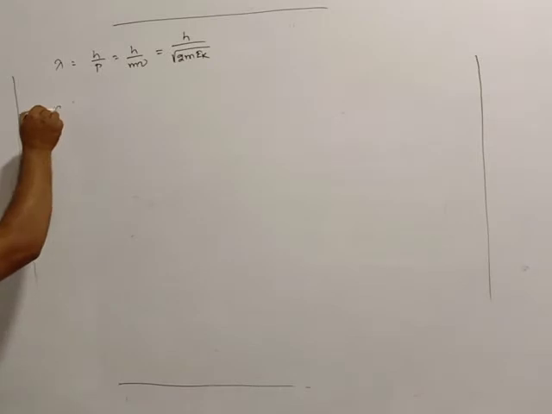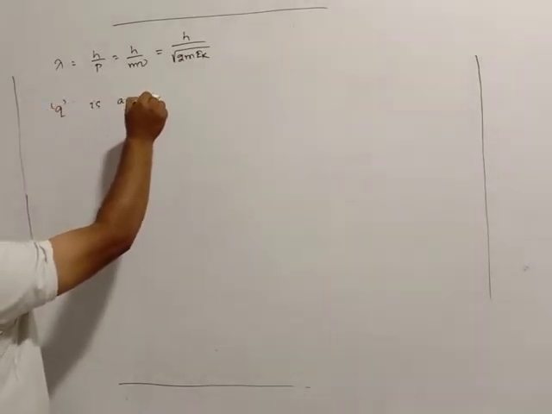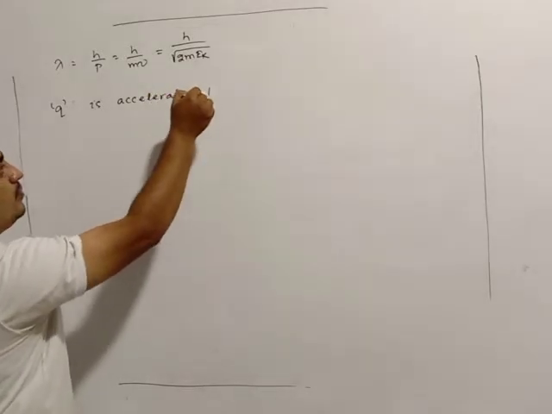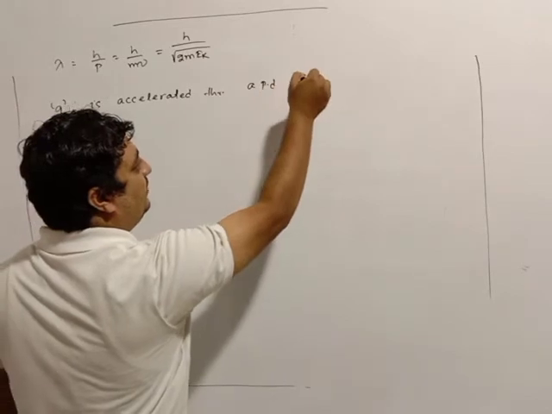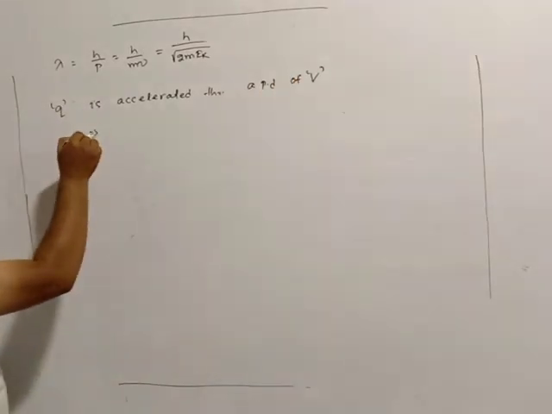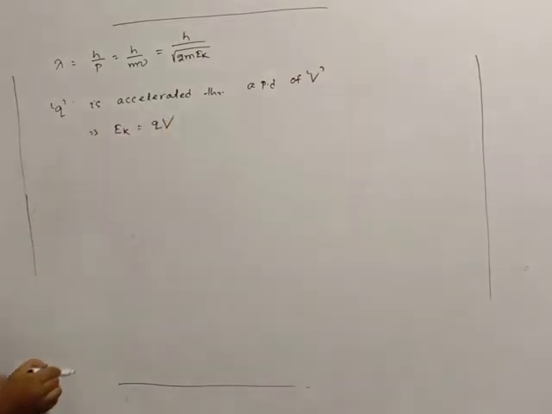Now, if a charge q is accelerated through a potential difference of V, then the kinetic energy acquired by it is qV.